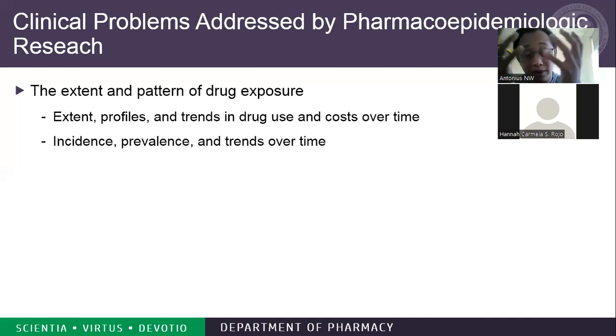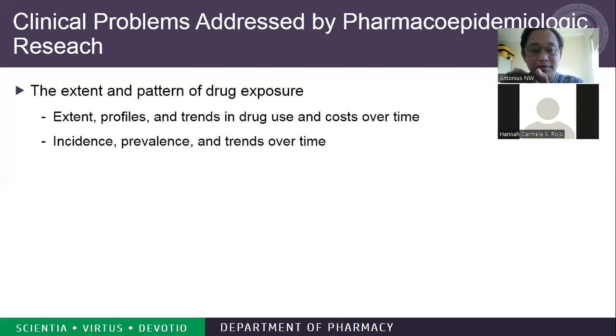We have a lot of drugs that are not used anymore in some developed countries. So if you want to know what kind of drugs are still being used in the Philippines, you can search for it and it can become your research topic.